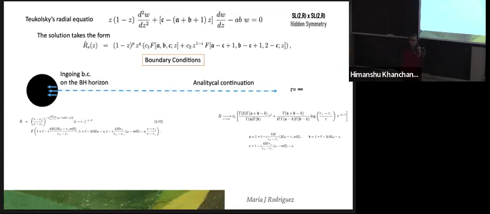What was not done very correctly was what happens at the boundary. If one is very careful about the parameters, what actually ends up happening is that when one does the expansion of the solution, and here there's no analytical continuation, this is simply a Taylor expansion at r equals infinity, there's a log term.